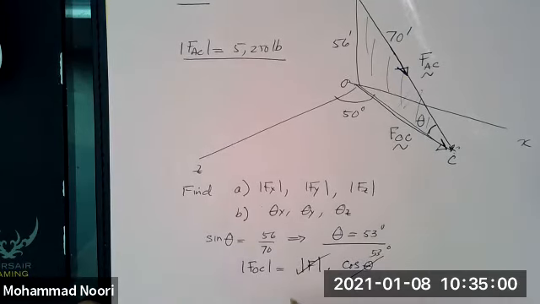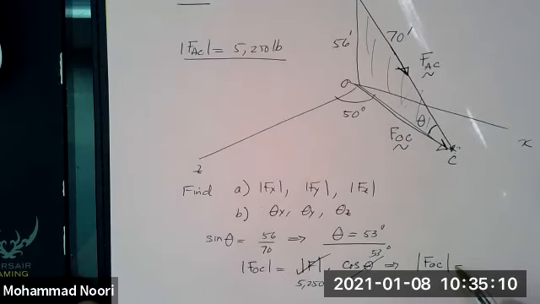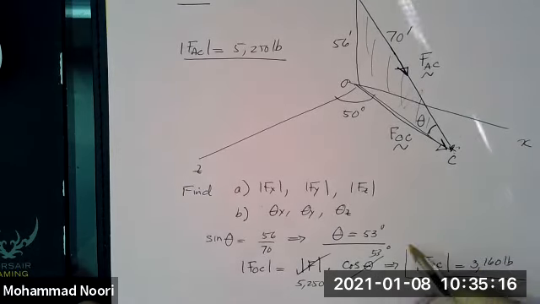The magnitude of F is given as 5,250. If you substitute in this equation, you can find the magnitude of F of OC, and that comes out to be 3,160 pounds.